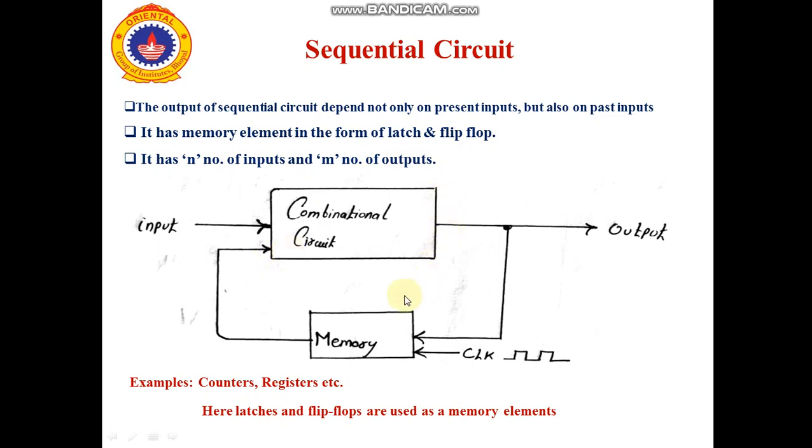Here you can see the basic building block diagram of a sequential circuit, where it uses the combinational circuit and also one block of memory element as a latch or as a flip-flop. The sequential circuit examples are counters and registers, while the memory element can be a latch or flip-flop.